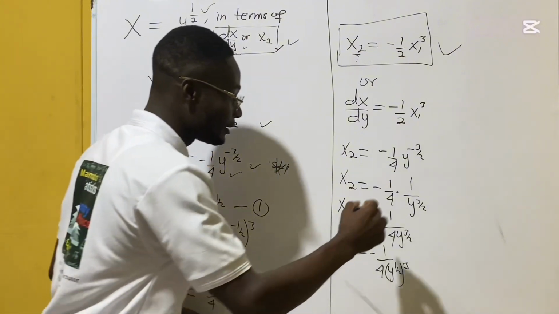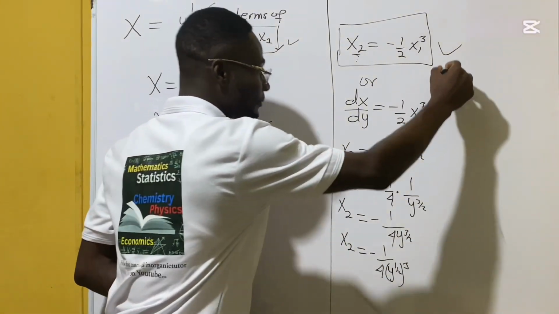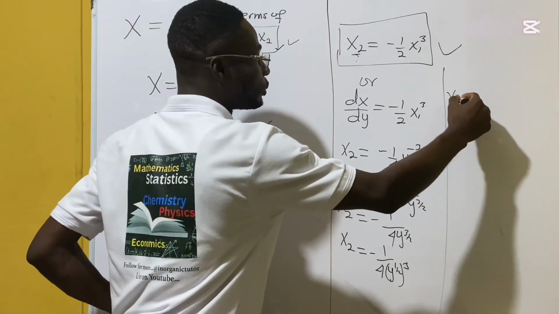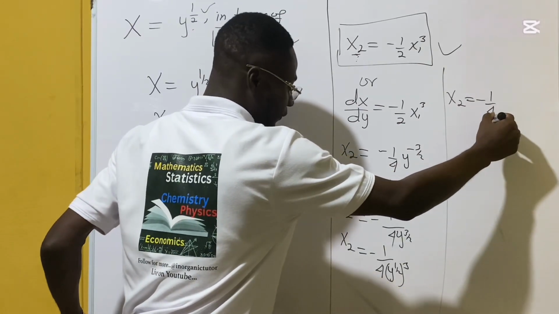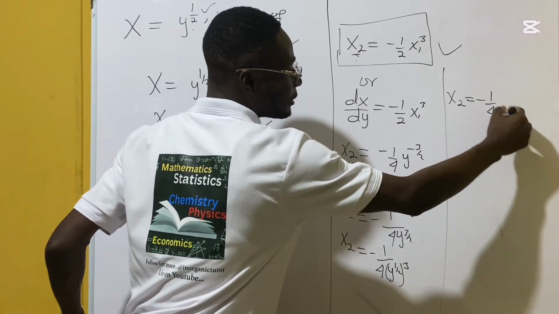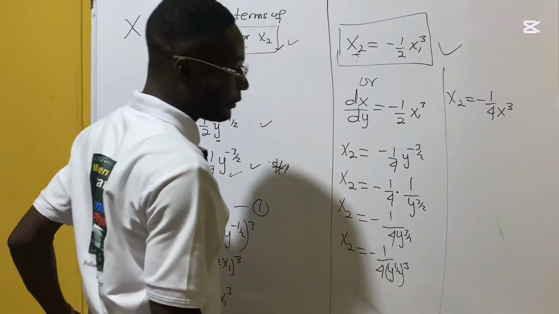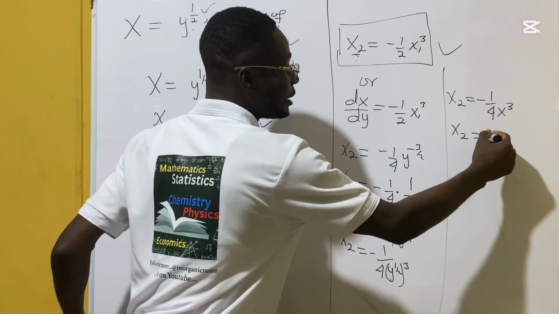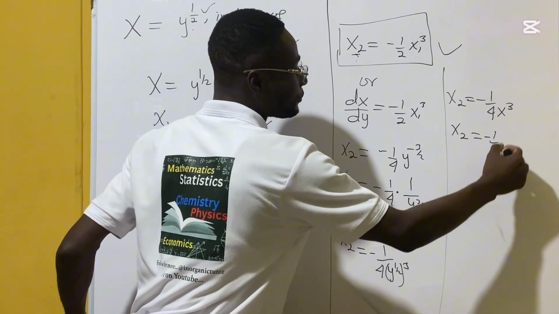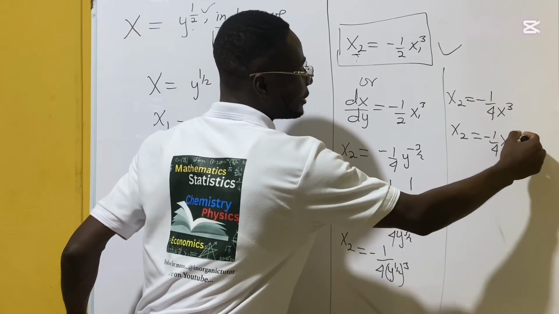So we can say that this is basically x2 equals negative 1 on 4 into x power 3 right here at the denominator. So we can say that we have x2 equals negative 1 on 4 x power negative 3.